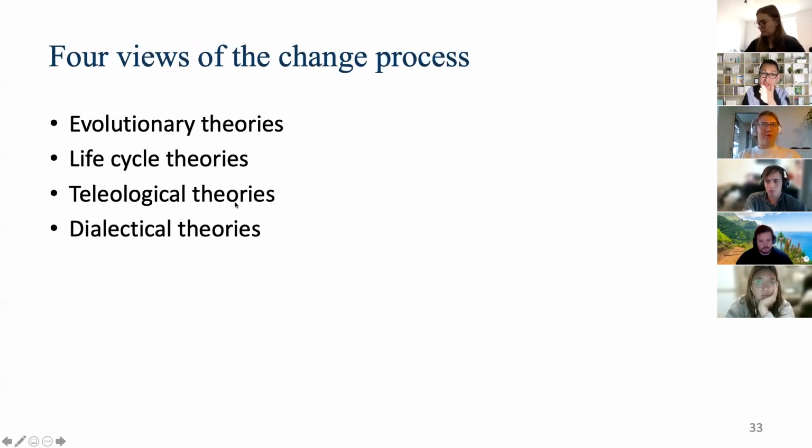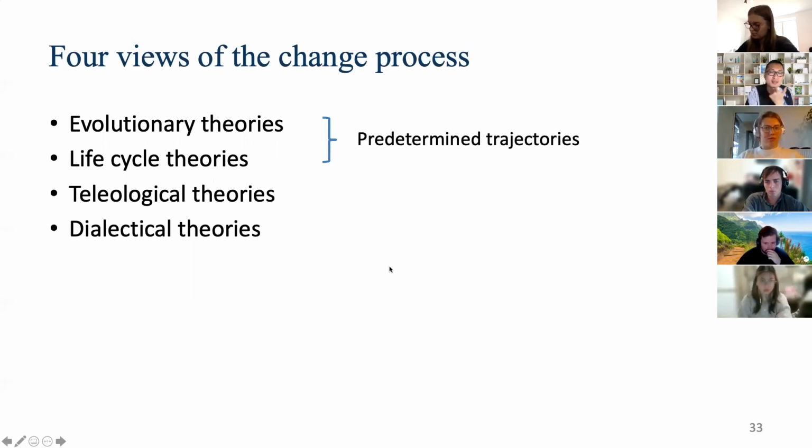So for change management, let me just have a quick review of that, because these 4 views of change process are actually related to some of the theories. So we have 4 views of the change process. The first 2 are called evolutionary theory and life cycle theory. So this is kind of related to population ecology. This is the idea that the change trajectories are predetermined by the environment and also by the life cycle that is inherent in the development of the firms.